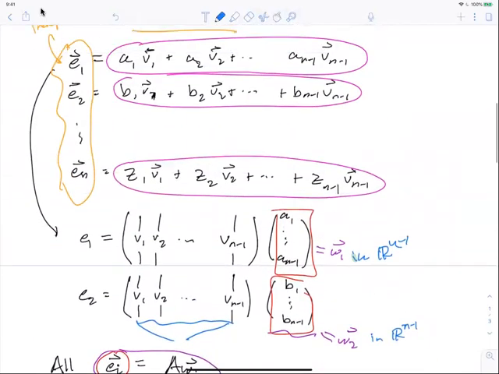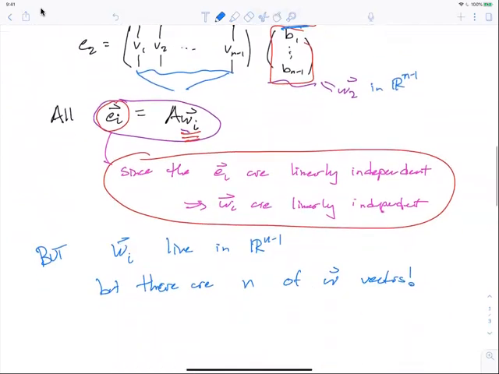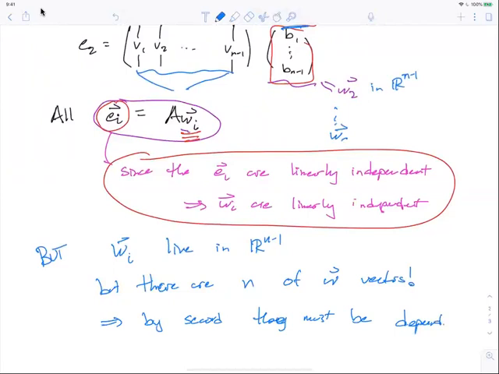So keep in mind, every E had a W vector. Every E we wrote as this big matrix A times some vector, and we did this for all n of them. So there's n W vectors, and they live in R^(n-1). So by the second fact, they must be dependent. You have too many vectors to be independent.